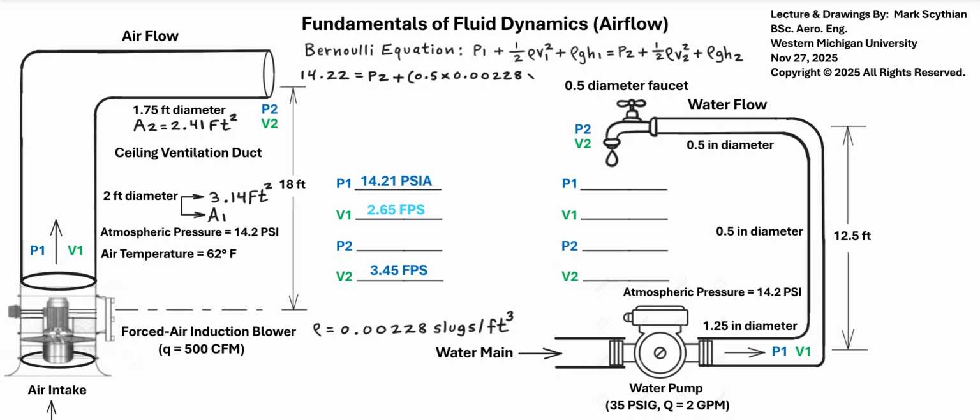then times V2 quantity squared, so that's 3.45 feet per second quantity squared. So when we work this one out, we get this value here. Then we add this to air density rho times gravity, then times height 2, 18 feet.